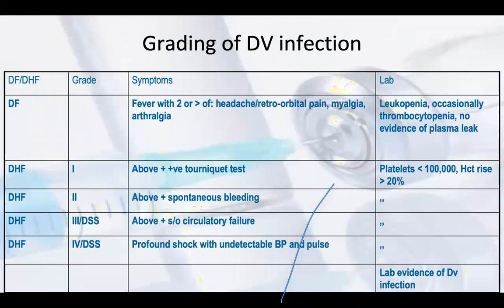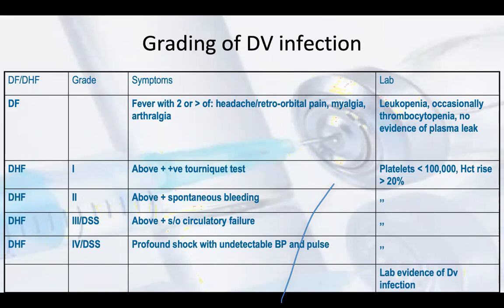Dengue hemorrhagic fever grade 1 is all of the above plus a positive tourniquet test, platelets less than 1 lakh, and hematocrit rise up to 20%.